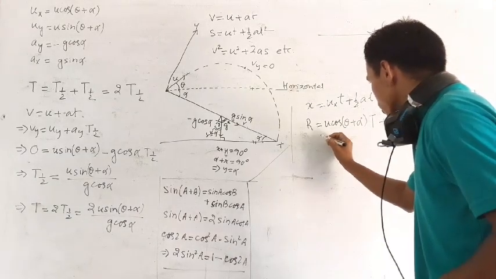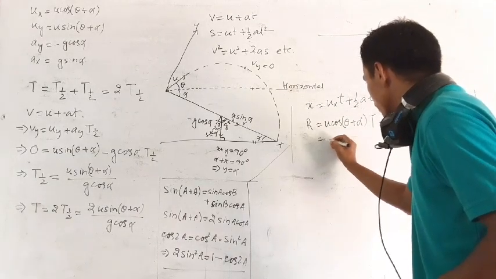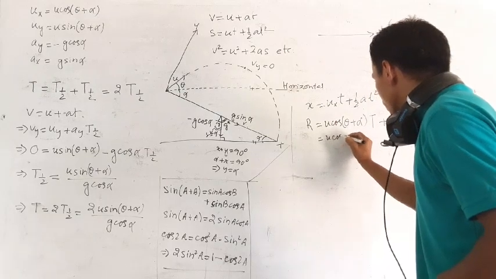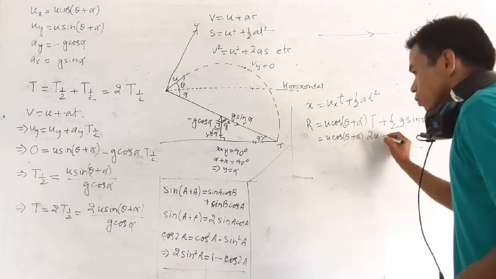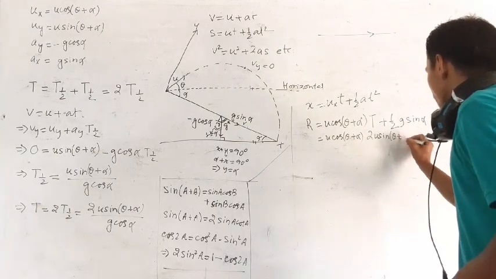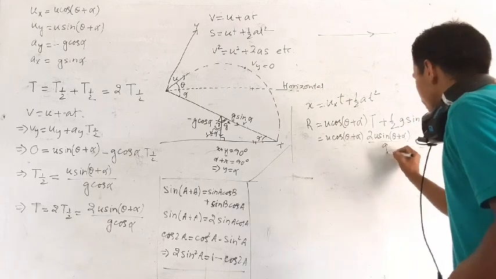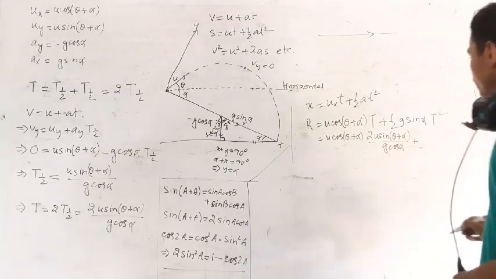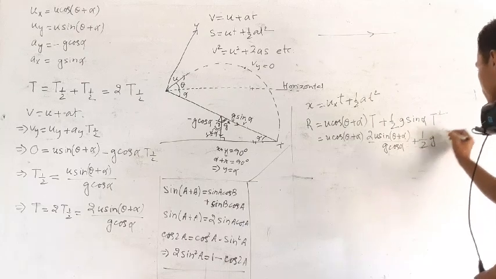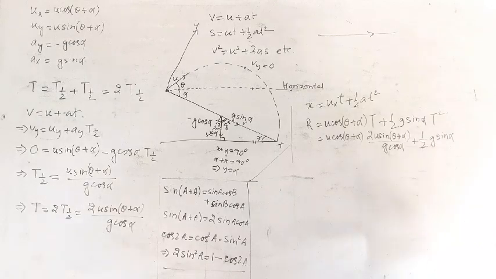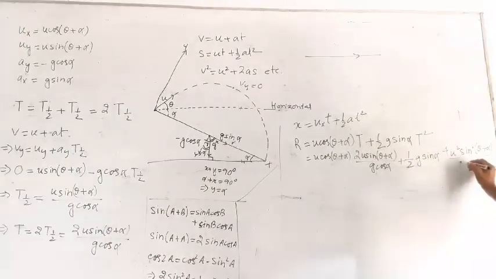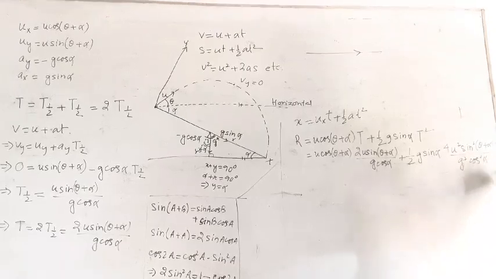Let's analyze that. It is equal to u cos(θ + α) into T, which is 2u sin(θ + α) divided by g cos α, plus half of g sin α into T squared, which is 4u² sin²(θ + α) divided by g² cos²α.